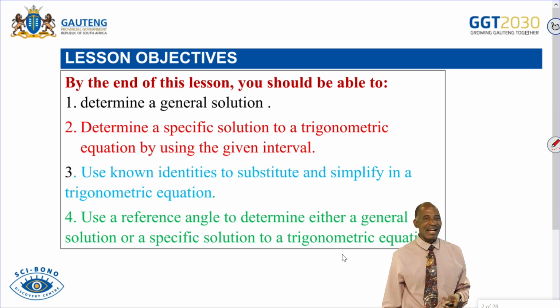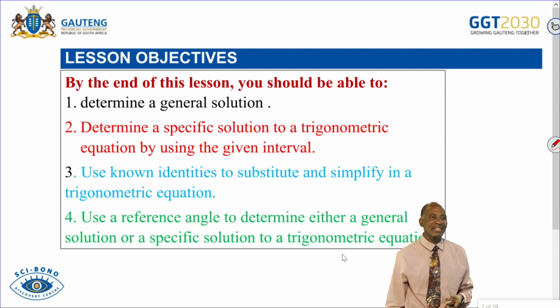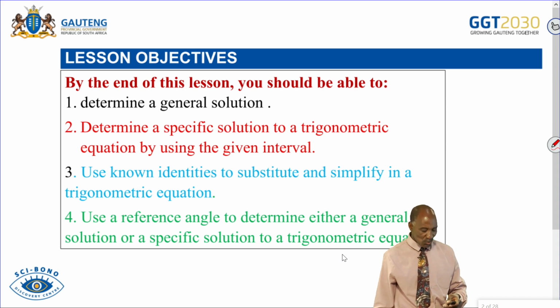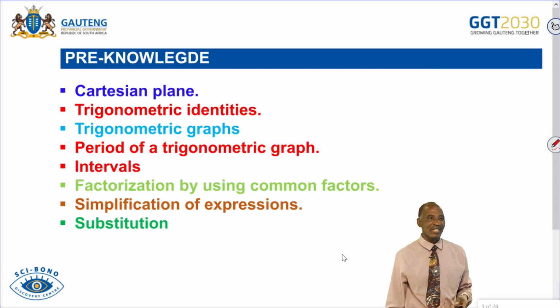In other words, these are restricted intervals or restricted solutions. Three, you should use known identities to substitute and simplify in a trigonometric equation. Number four, you should be able to use a reference angle to determine either a general solution or a specific solution to a trigonometric equation.